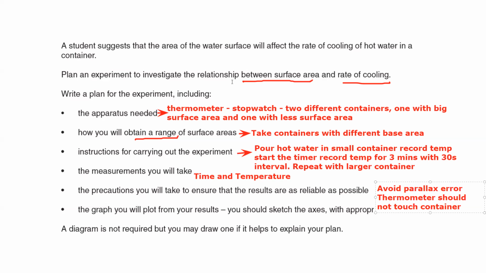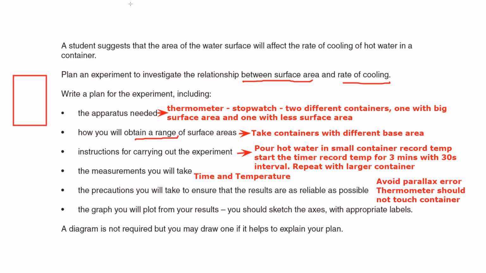Why should it not touch the base of the container? Because the container temperature might be different from the liquid temperature. Like a container might be a copper container or a glass container. So the temperature of a container is not necessarily the same as the temperature of the liquid. They may have different temperatures. So the thermometer should not touch the base of the container.